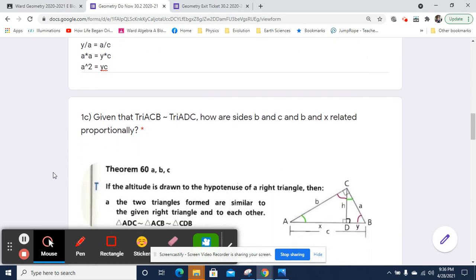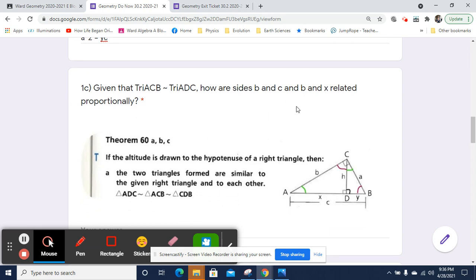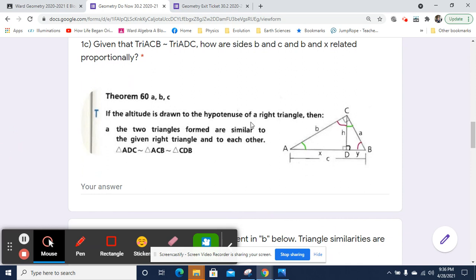We're going to take a look now at B and C and B and X. So let's look at B and C. So B is the long leg and C is the hypotenuse of the big triangle. And B and X, B is the hypotenuse of this triangle, and X is the longer leg.